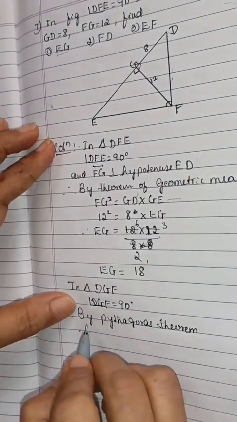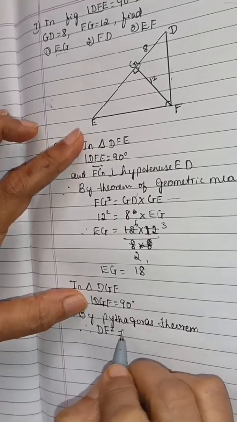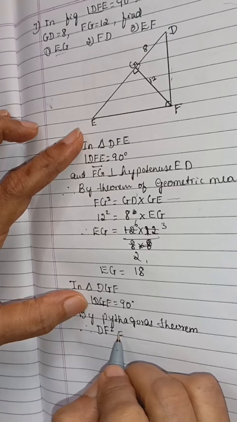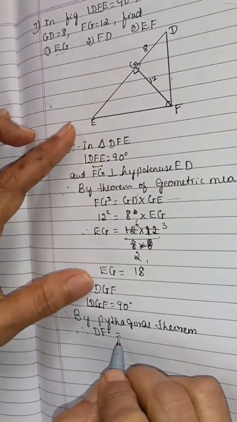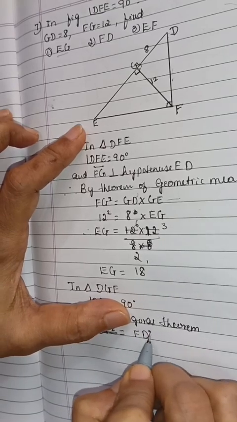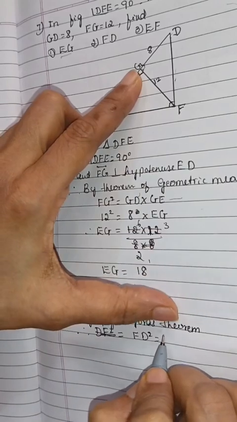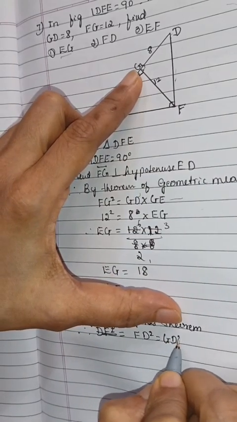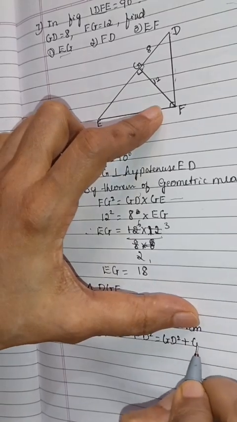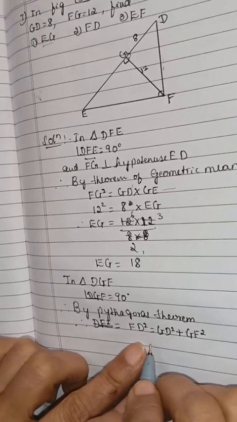Therefore DF or FD, because here it is FD, so write like that only. FD square equal to GD square plus GF square. Only in the Pythagoras theorem square comes.